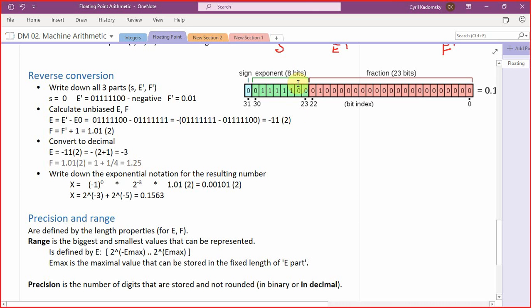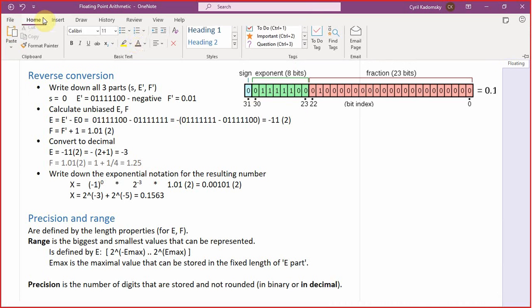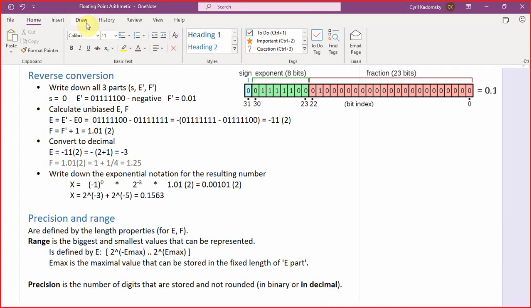How to define this maximal value? Well, very easy. Let's see in this particular example.